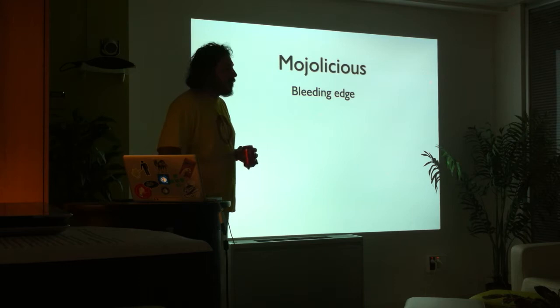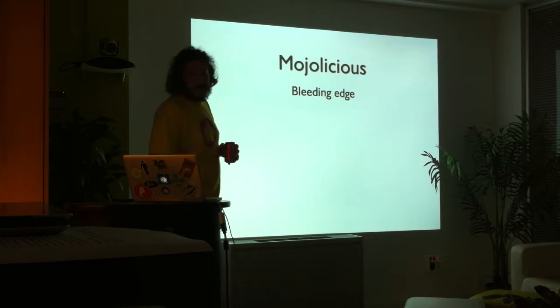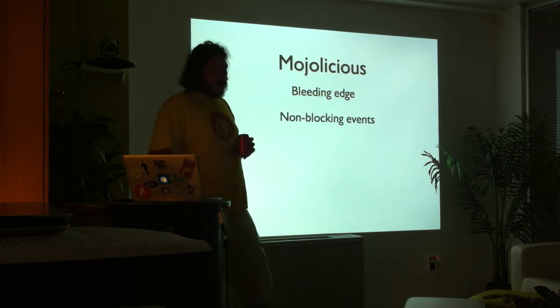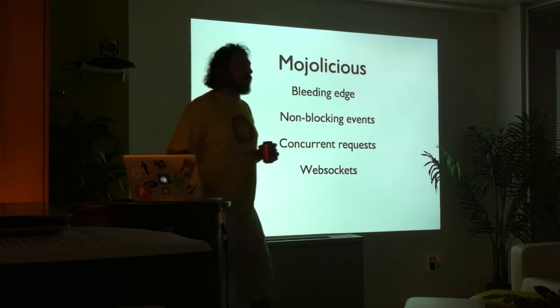One of the main concerns in Mojolicious development is to be bleeding edge, and what that means is that from the ground up it was built to be non-blocking, so all these events will run there, and all requests are concurrent.